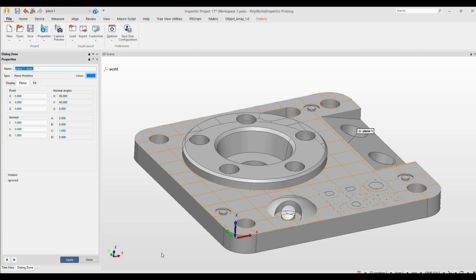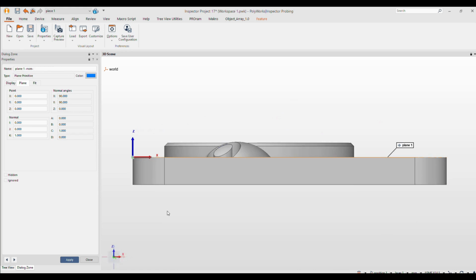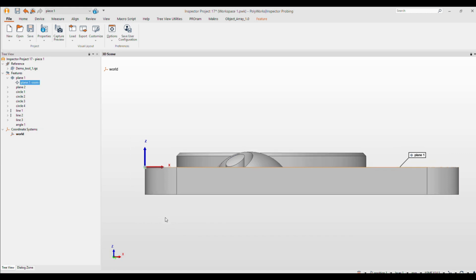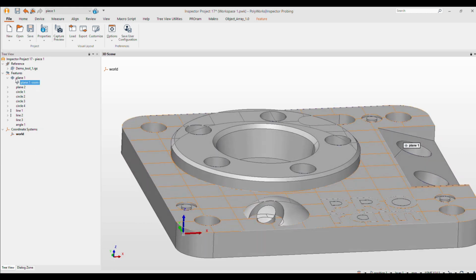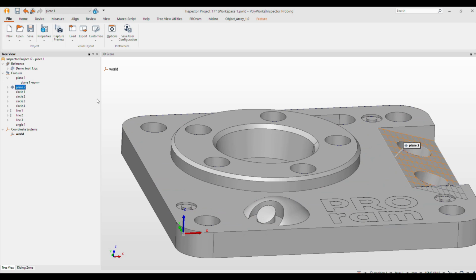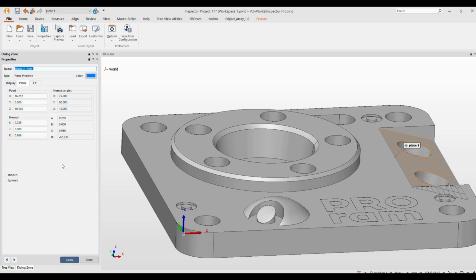For example, if a plane is perfectly horizontal, its normal vector might be 0, 0, 1, meaning it points along the z-axis. If the plane is tilted, the I, J, and K values change accordingly to reflect that orientation. In other words, the vector tells us how the plane is facing in space.